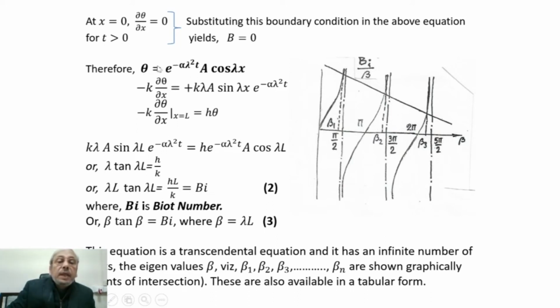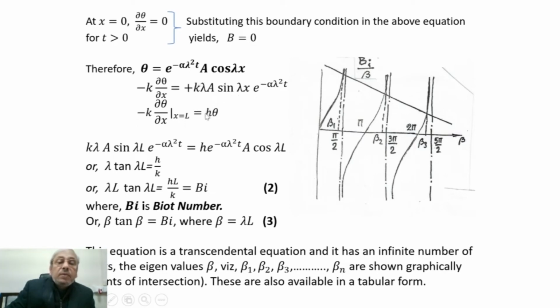So what we are doing, we are finding the derivative minus k del theta del x, which from here we are getting plus k lambda into a sin lambda x e to the power minus alpha lambda square t. E to the power minus alpha lambda square t is untouched. Basically, for a cos lambda x, we find the derivative and multiply it with minus k, and we get this quantity.